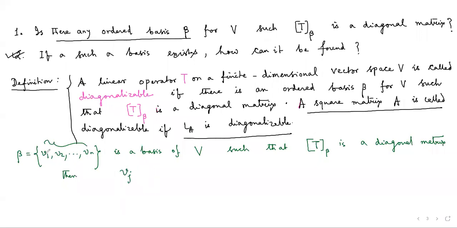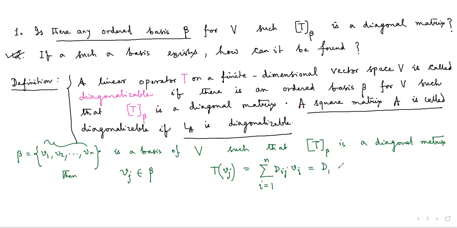Vj can be any of these elements v1, v2, vn belonging to the basis beta. If I apply this transformation T on Vj, we can express this transformation with the matrix representation, with the linear combination given by summation i goes from 1 to n of dij vi.